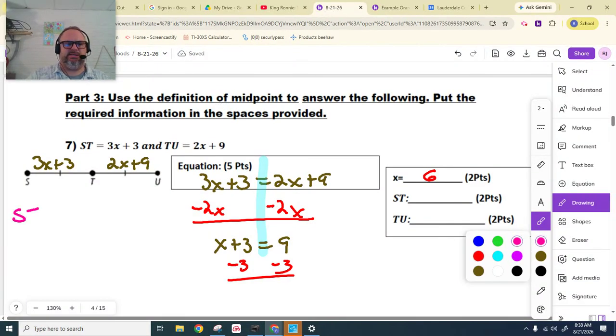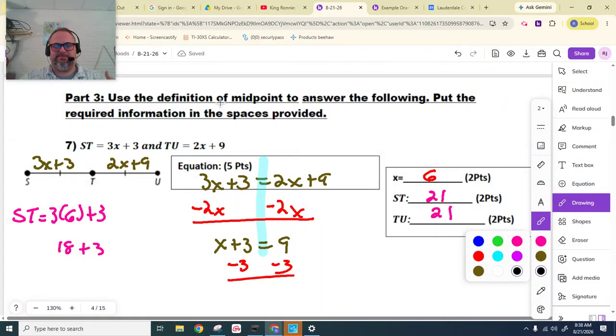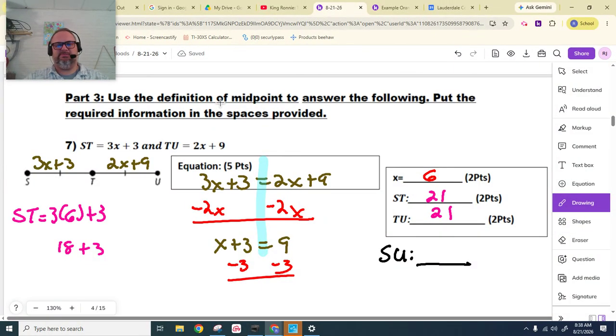So ST, 3 times 6 plus 3. I'll fix that screen in just a second. It's driving me crazy. I just ordered a new thing. Both of these should be 21. I should have put this SU. Okay, I didn't catch that.